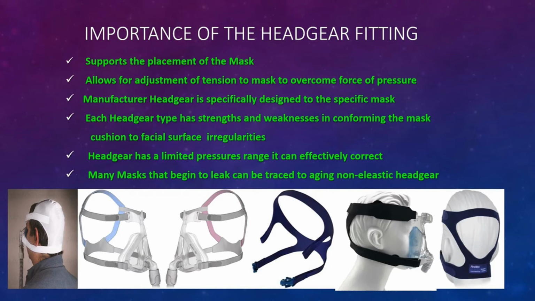What I mean by that is that the cushions will depress into the depressions in the face, and they'll also exert pressures on those high points of the face and try to flatten them. The manufacturers designed the headgear specifically to work with a specific mask.